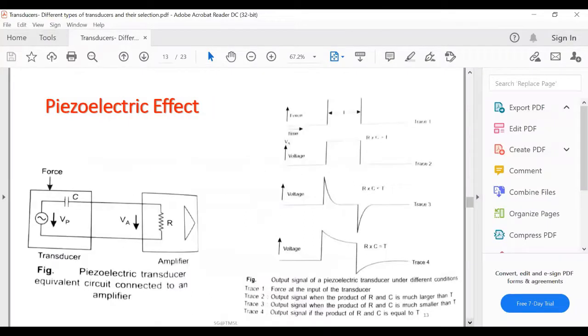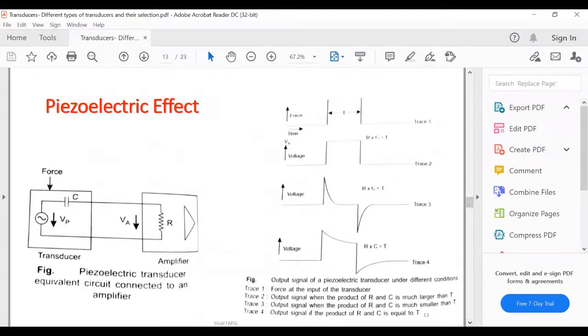Next is the piezoelectric effect. You know that if pressure is applied to certain non-conductive material so that a deformation takes place, a charge separation occurs in the material, and an electric voltage can be measured across the material.